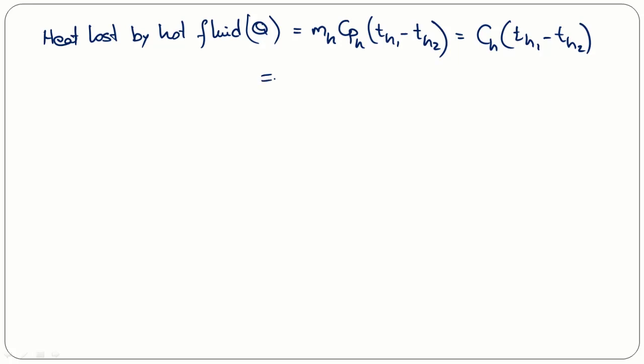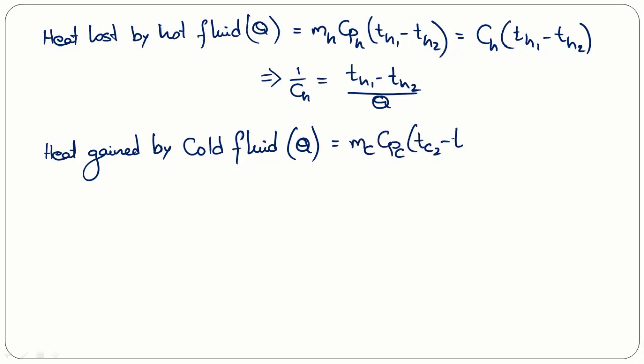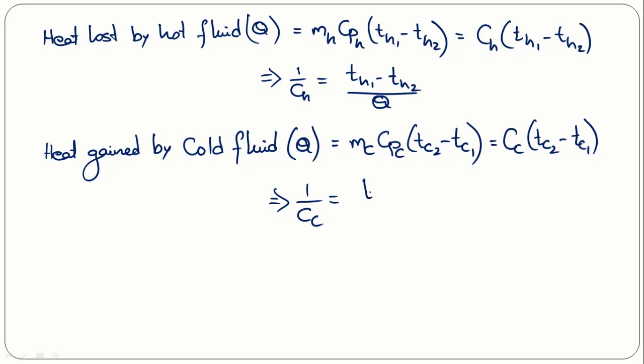So from this, if we want 1 by CH, this will become TH1 minus TH2 by Q. Similarly, heat gained by the cold fluid Q will be equal to mc cpc into Tc2 minus Tc1. So this can be written as capital Cc into Tc2 minus Tc1. So from this, 1 by Cc will be equal to Tc2 minus Tc1 by Q.